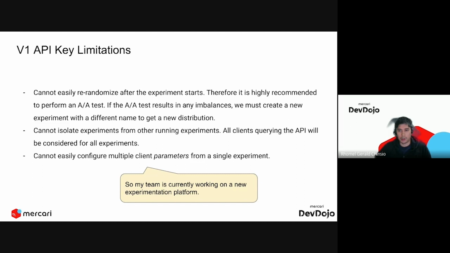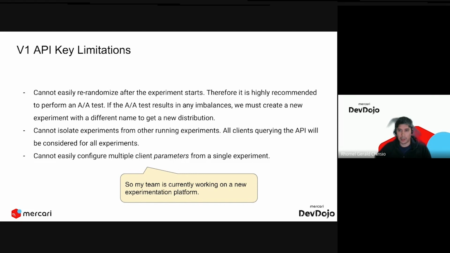I mean, who here is familiar with AA testing? You can just raise your hand. No one. So AA testing is actually running, configuring everything for the randomized trial, but actually not giving any treatment.